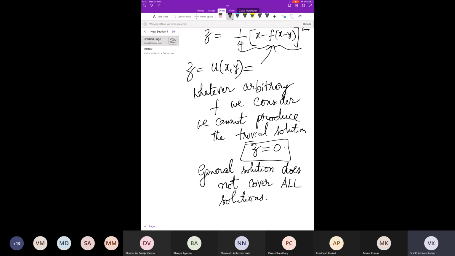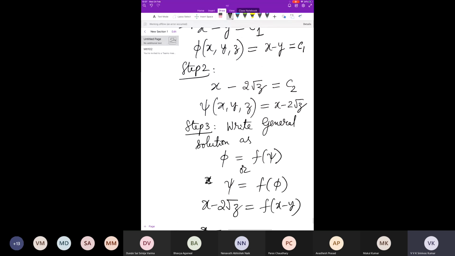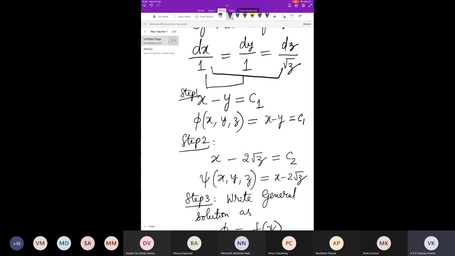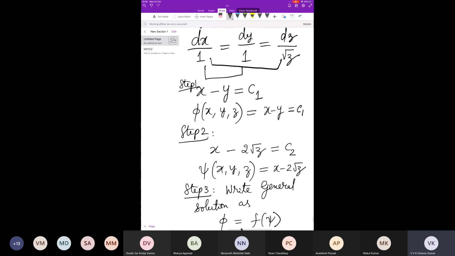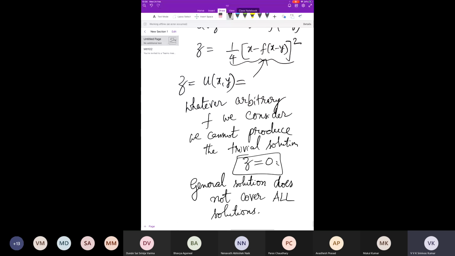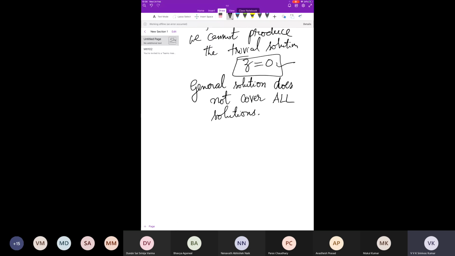In the beginning itself, you can see that this is the methodology. Even if we write 0 here, we can clearly see that the trivial solution z is equal to 0 is not covered in the general solution. This is the conclusion of the example.